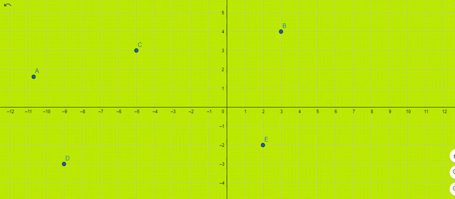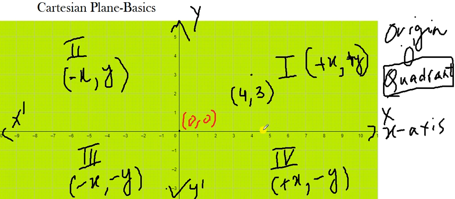Let me go back to my basics of the Cartesian plane. The horizontal axis is the x-axis, the vertical is the y-axis. Both of them meet at the point which is called the origin. To the right of the origin is always positive, left of the origin is negative, up is positive, down is negative.